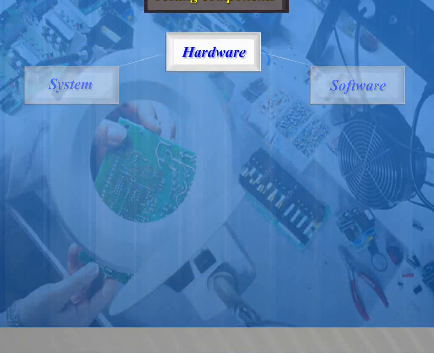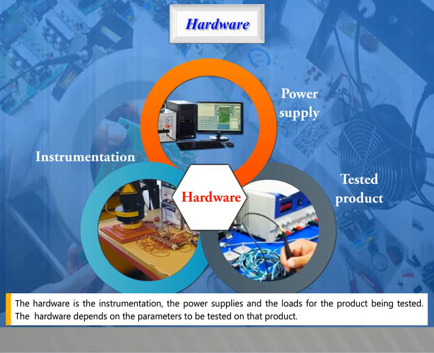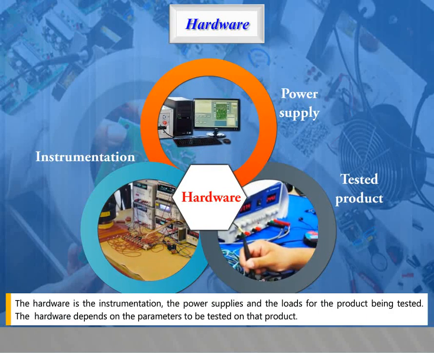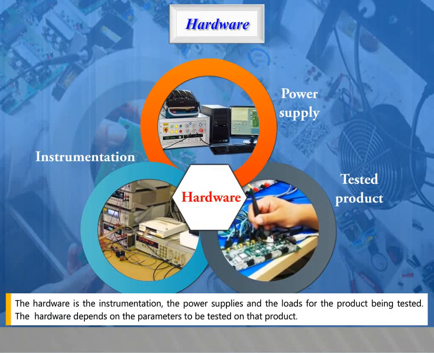Hardware. The hardware is the instrumentation, the power supplies and the loads of the product being tested. The hardware depends on the parameters to be tested on that product.